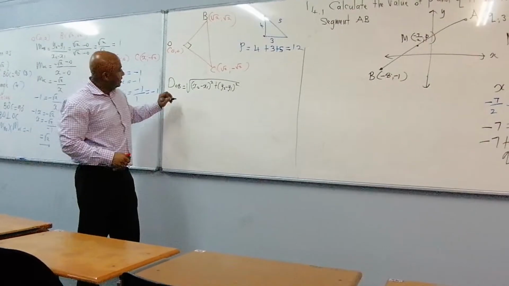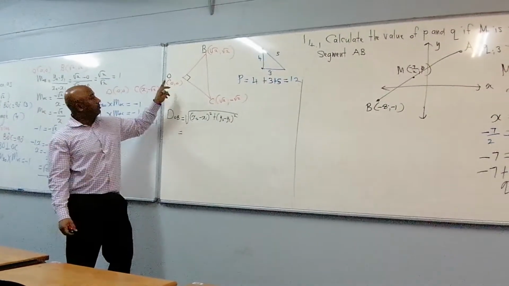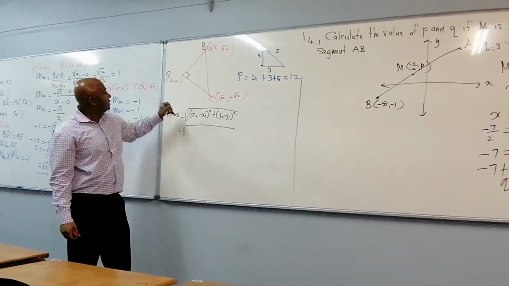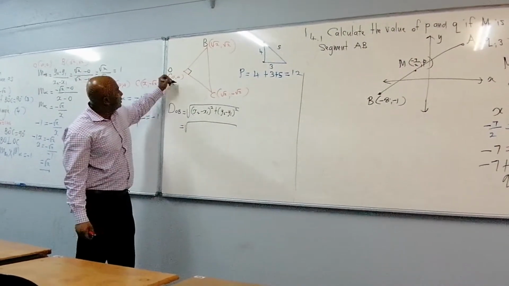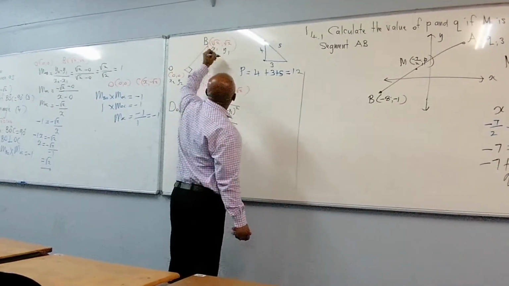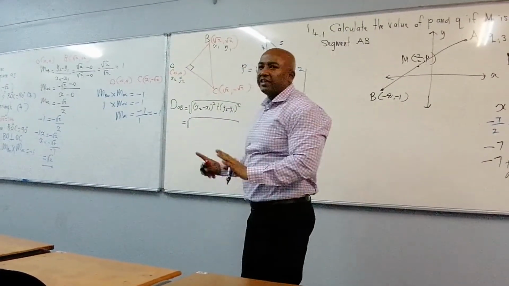So the distance from O to B. Let's call this point here x2, y2. This one will be x1, y1. Nothing difficult about this.